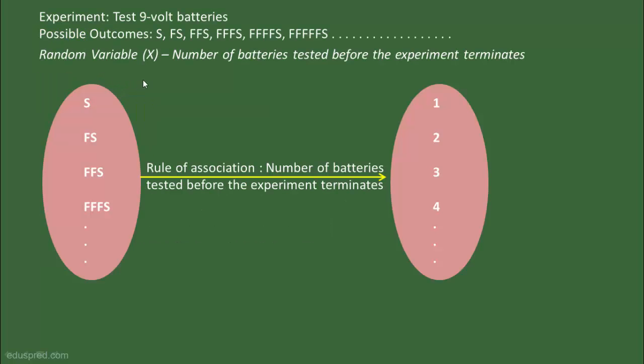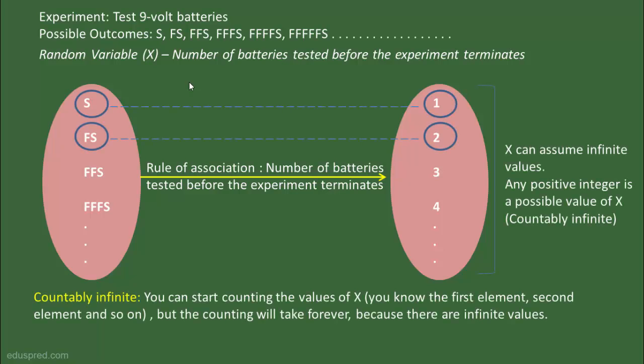Now let's say that this is how you define the random variable in this case. The random variable x is the number of batteries tested before the experiment terminates. So the value of x corresponding to the first outcome is 1. The value of x corresponding to the second outcome is 2, and so on. Basically note that in this case the random variable x can assume infinite values.